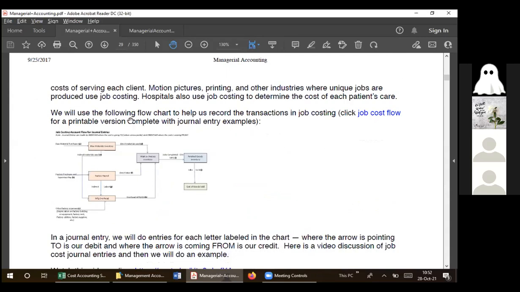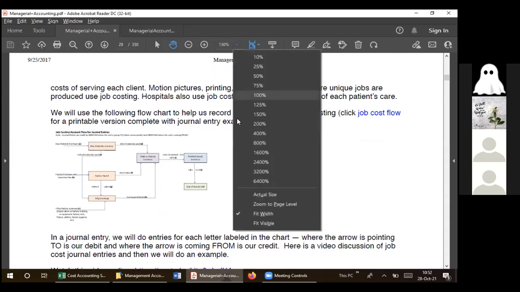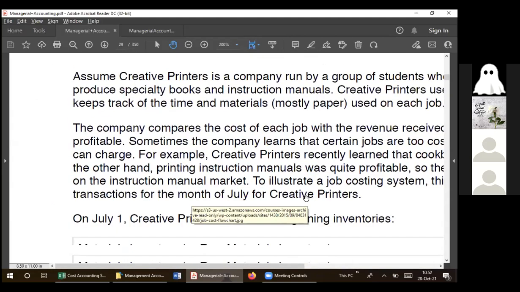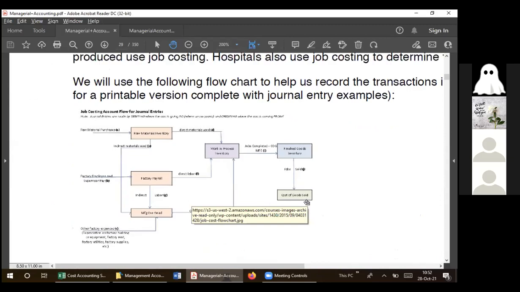So this is the flow chart used to record transactions in job costing. Let's expand this. But this is again for the journal entries of job costing. Job costing account flow for journal entries.